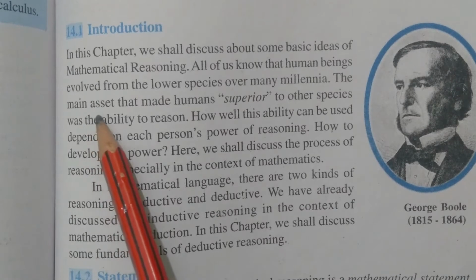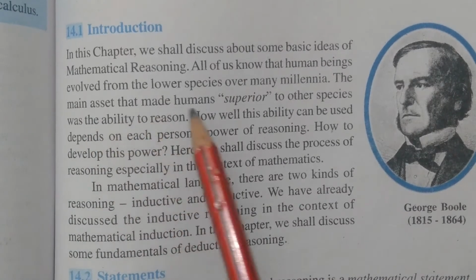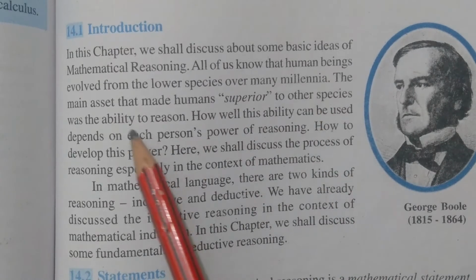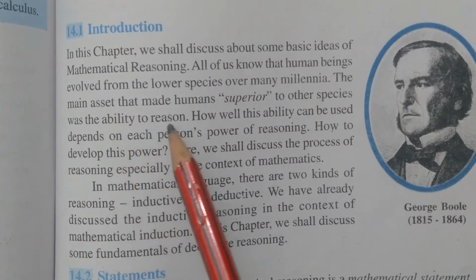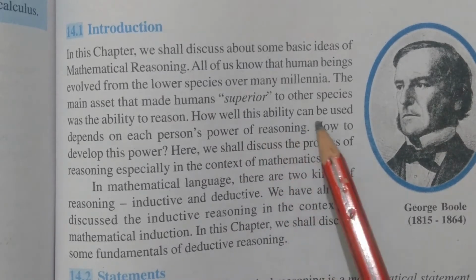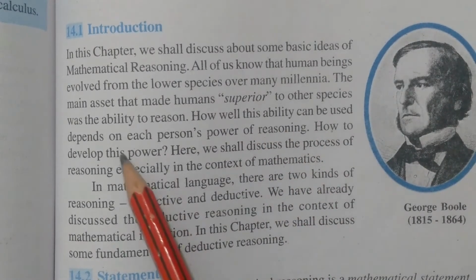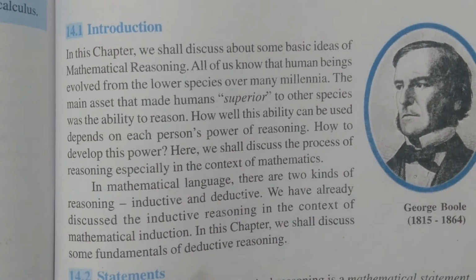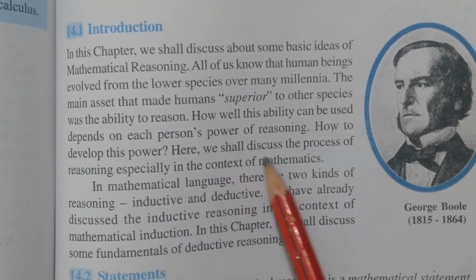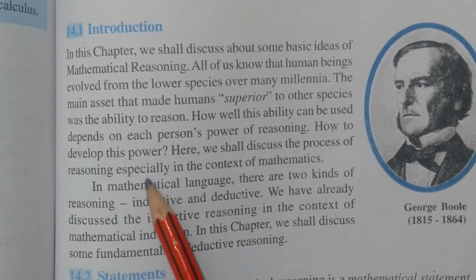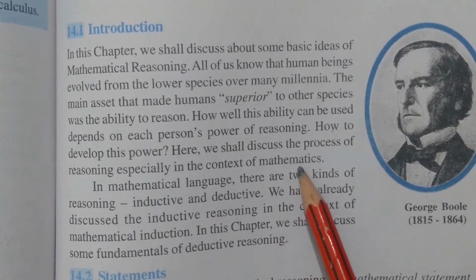The main asset that made humans superior to other species was the ability to reason. How well this ability can be used depends on each person's power of reasoning. How to develop this power? Here we shall discuss the process of reasoning, especially in the context of mathematics.